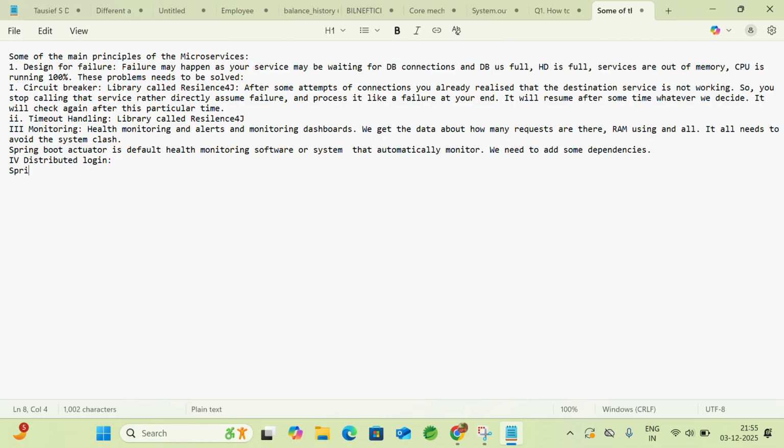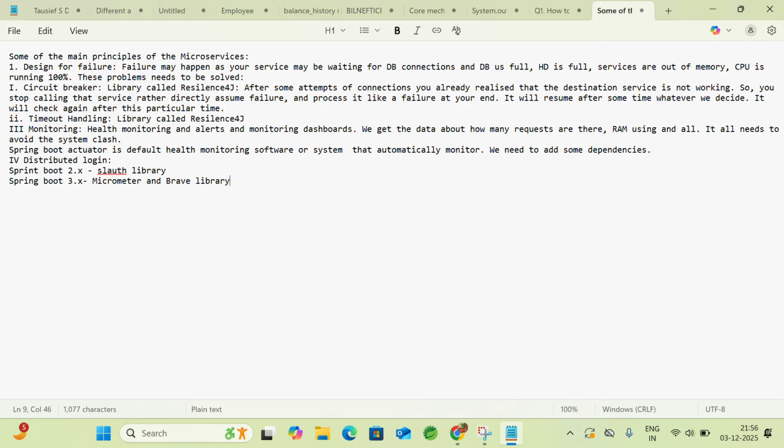In Spring Boot 2.x, we have the Sleuth library for this purpose, and for Spring Boot 3.x we have the Micrometer and Brave libraries for this purpose.